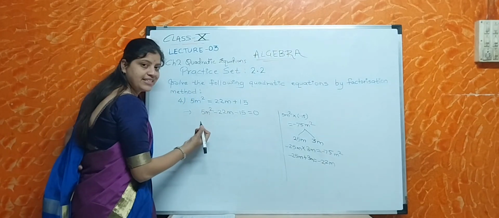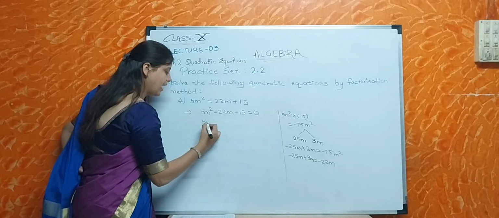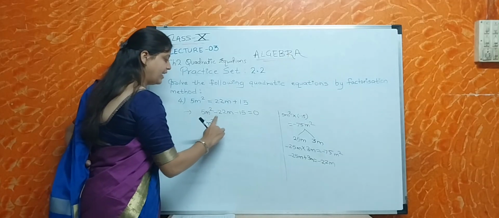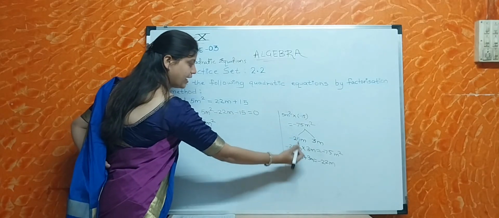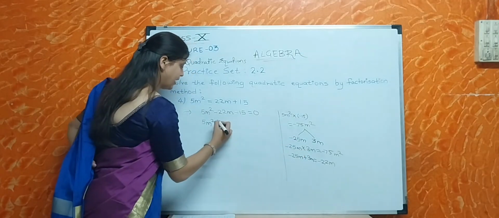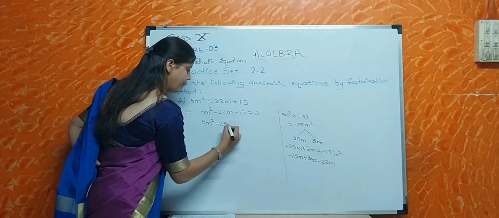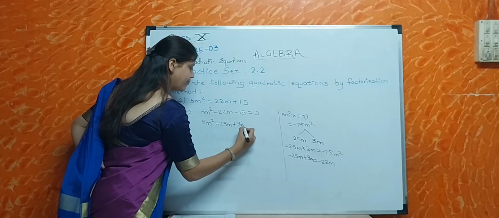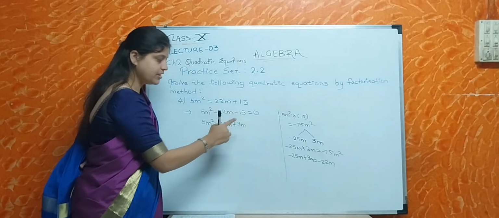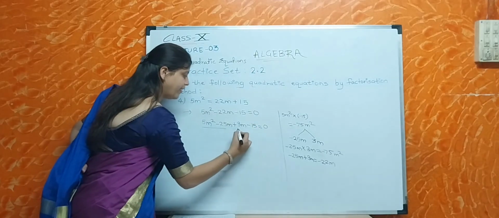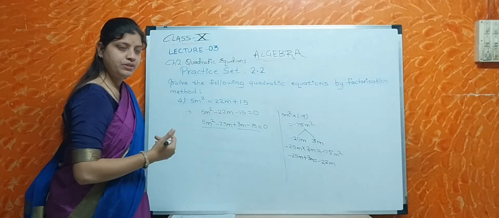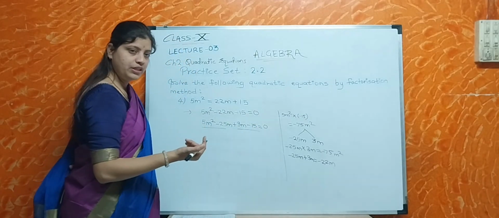So what is the next step here? First term as it is. And instead of a second term, we will write this both the factors here, minus 25m and plus 3m. So minus 25m plus 3m, and this last term as it is, but it has a negative sign. So minus 15 as it is. Common factors in this both the pairs of the terms.